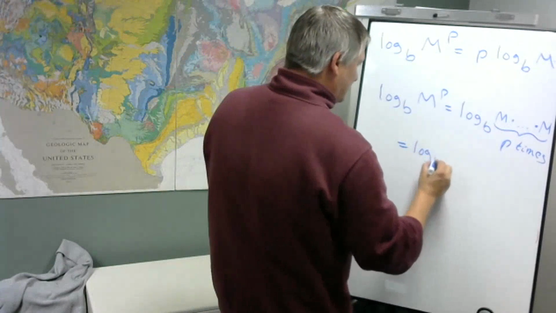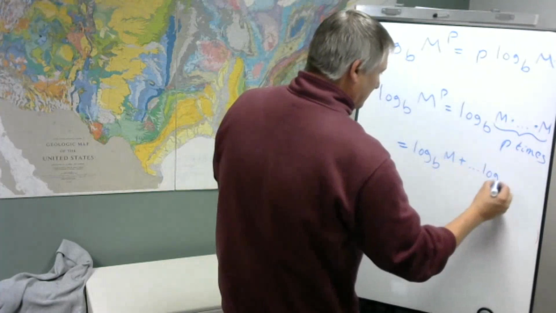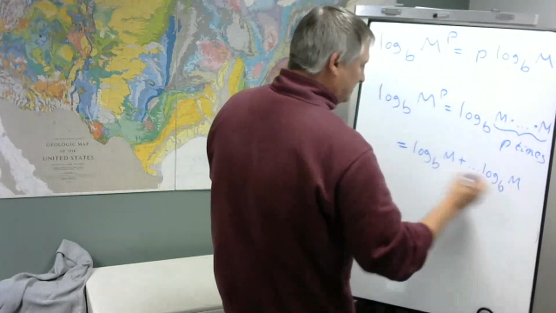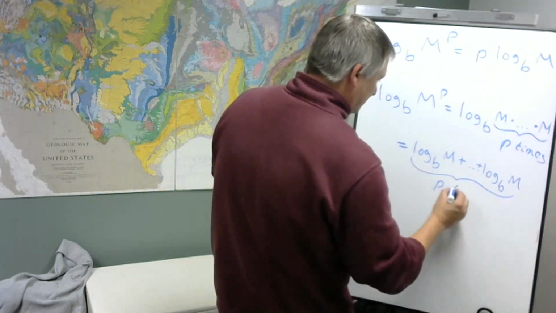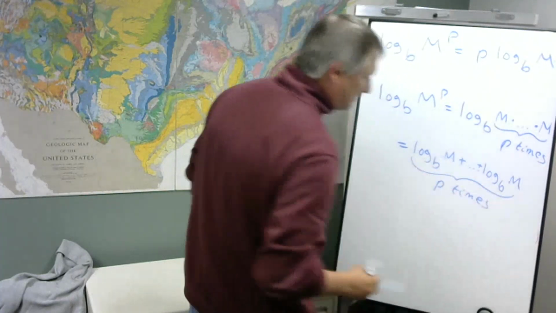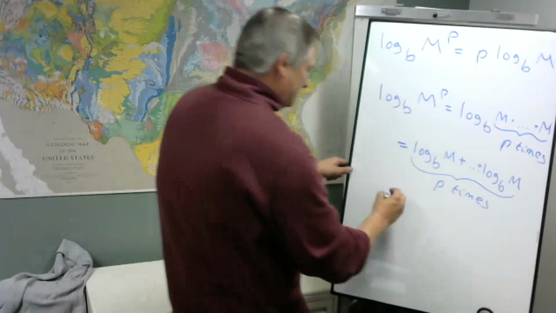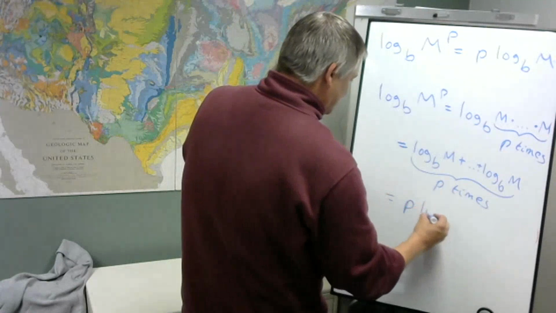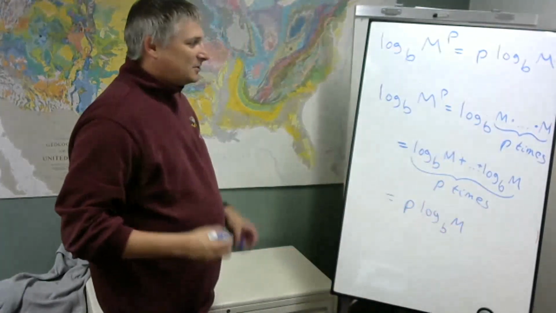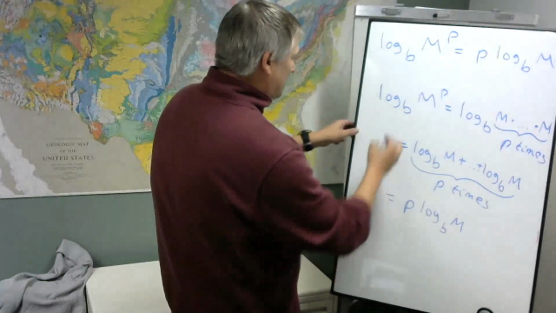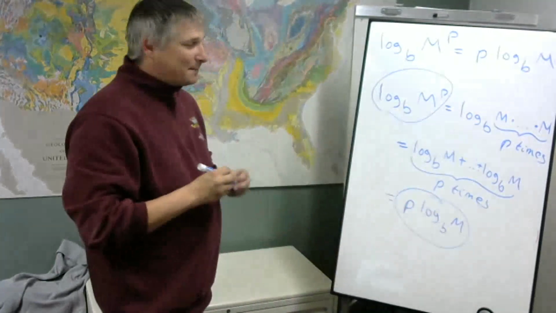Say this is log base b of m plus log base b of m, p times. And then when you add something up p times, that's the same as p times log base b of m. And so that's going to give us our property. So we start out with this, and we're ending with that.